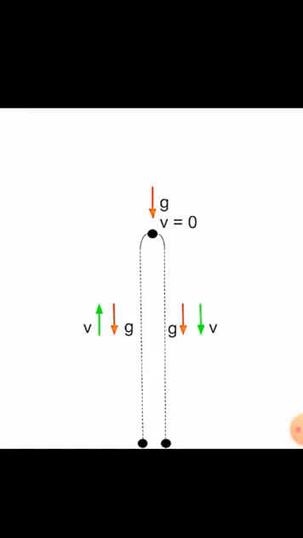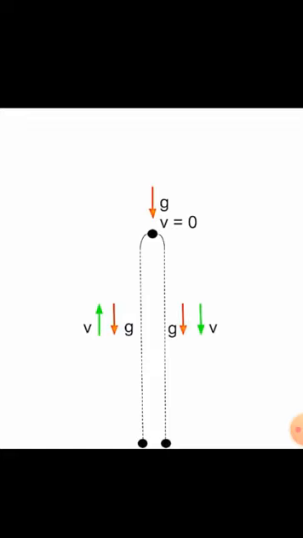Means the velocity decreases for every time interval by the same amount of 9.8 meter per second and finally reaches 0. So when the ball is being thrown vertically up against the force of gravity, it has negative acceleration and the negative acceleration is uniform. That means it is decreasing at a uniform rate.